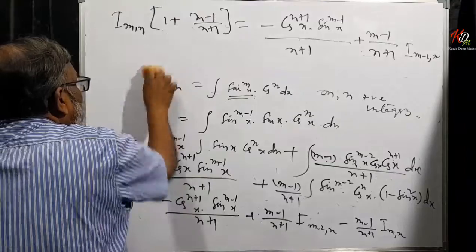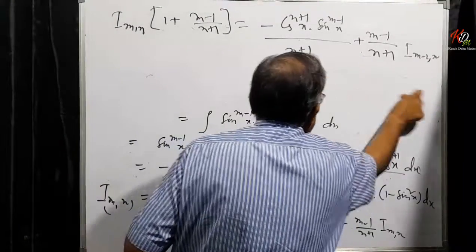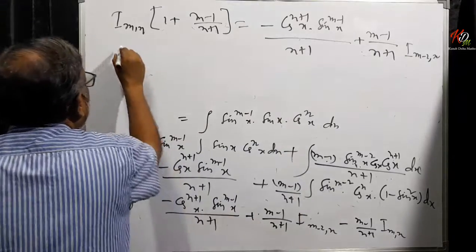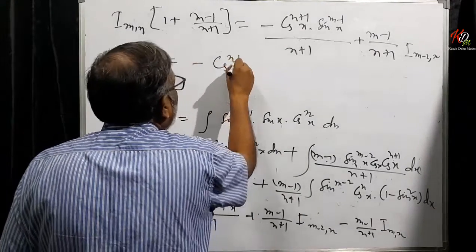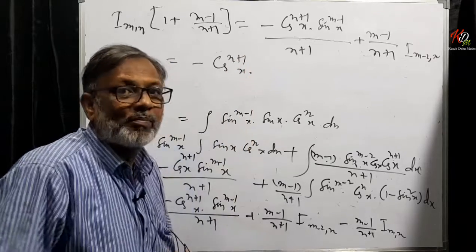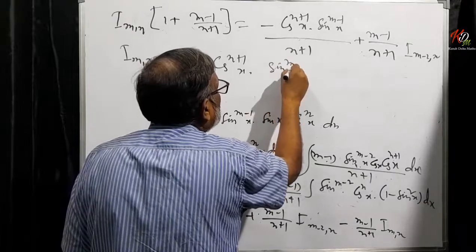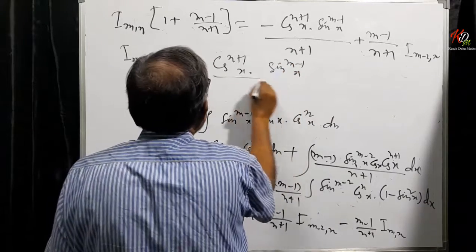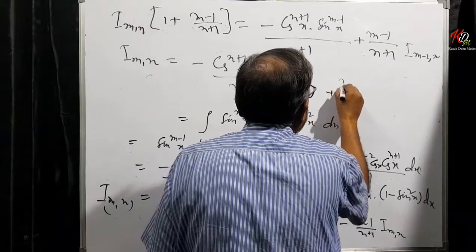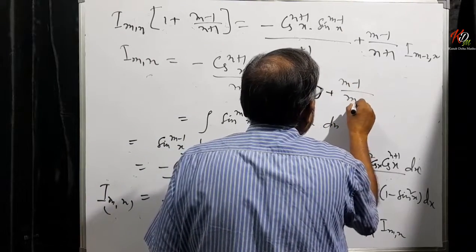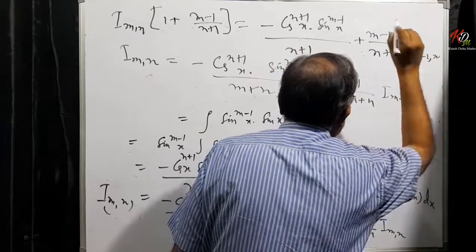So the final result will be I m n equals minus cos to the power n plus 1 x sin to the power m minus 1 x by m plus n, plus m minus 1 by m plus n I m minus 2, n.